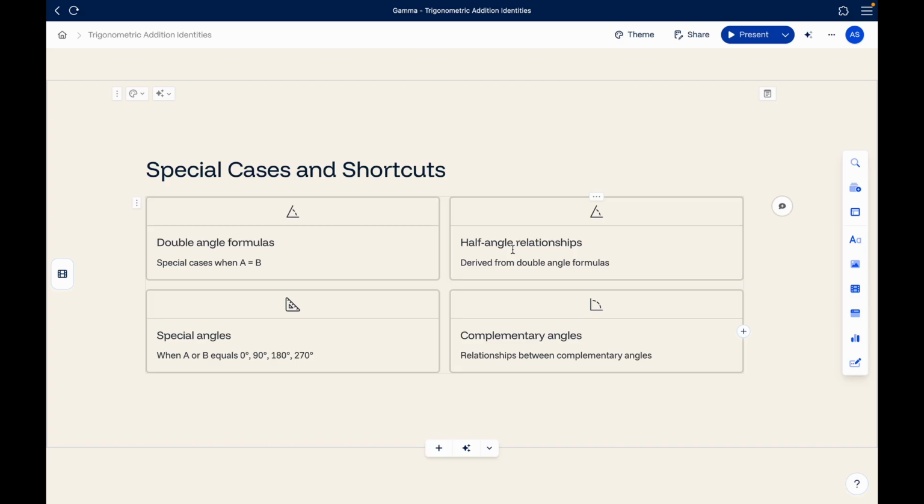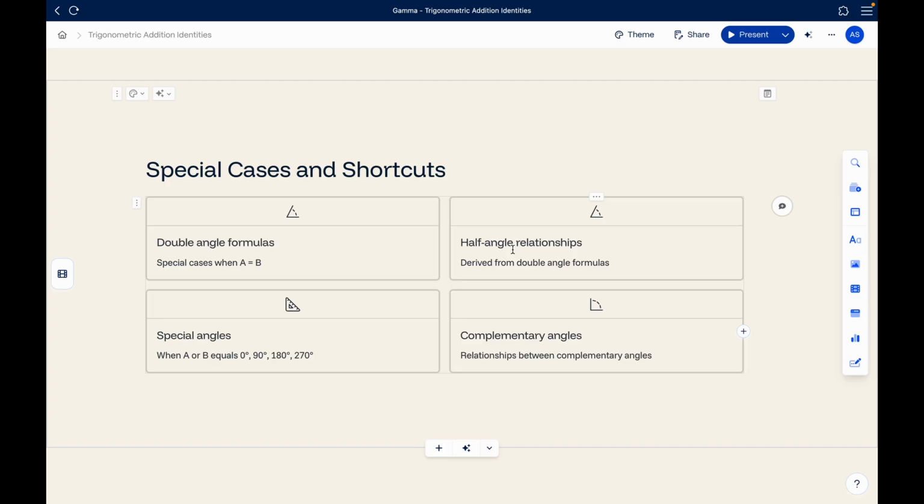Then special angles is when A or B is equal to 0, 90, 180, or 270. Especially 90, because those lead to the cofunction identities. Now, complementary angles are relationships between complementary angles, which can come in all shapes and formats, because if you have complementary angles, that means it will be 90 degrees as the addition.